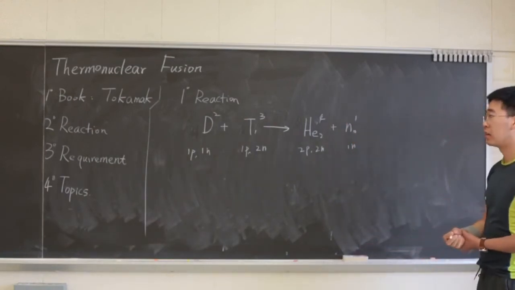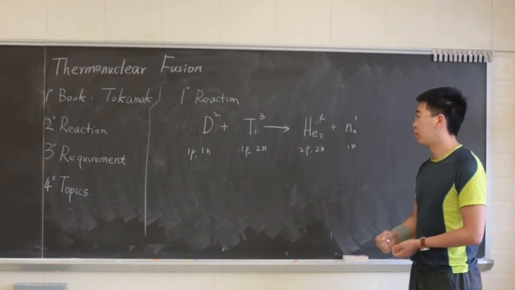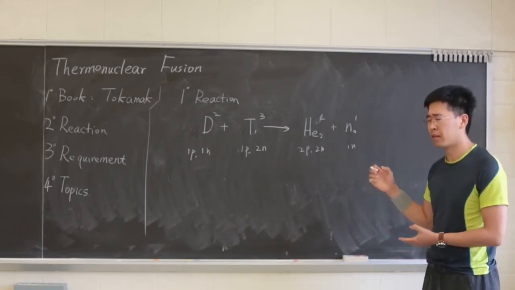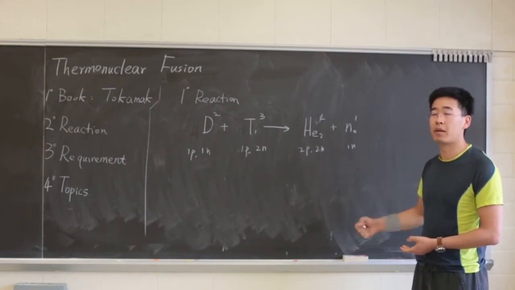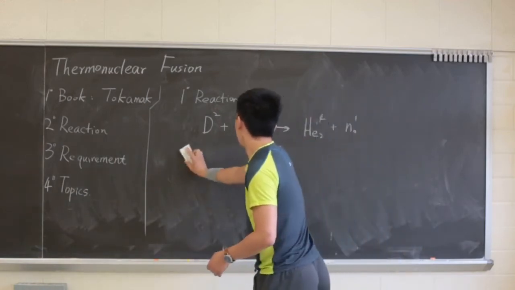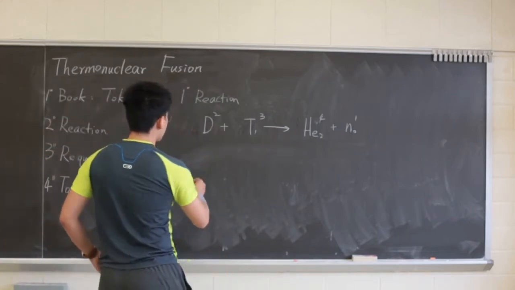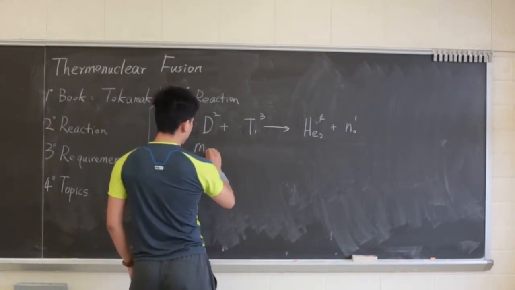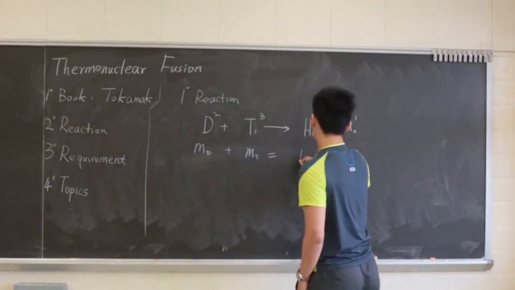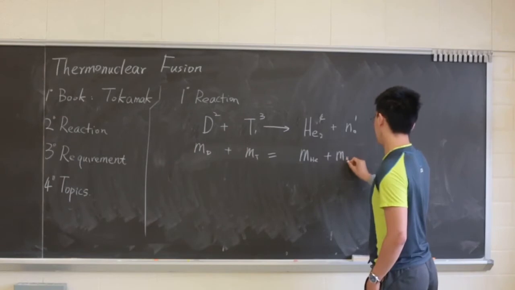So if you learn a little bit about high energy physics, the parity is conserved, and the baryon number is conserved. So you can simply do a quick check of the mass. That's the mass of D plus the mass of T equals the mass of helium plus the mass of the neutron.